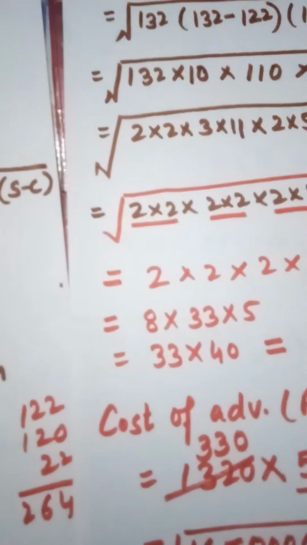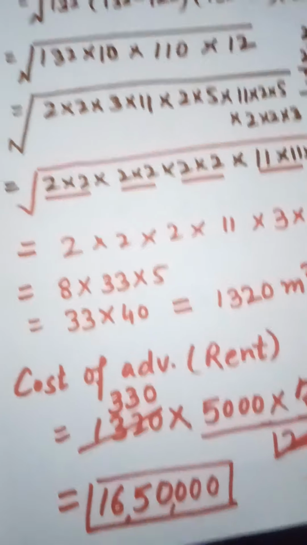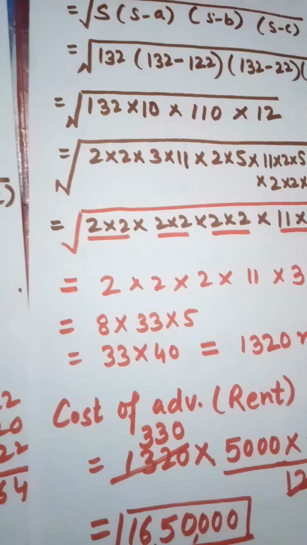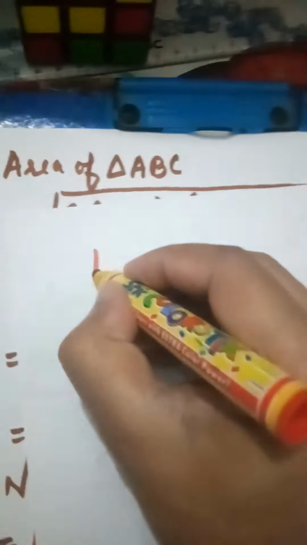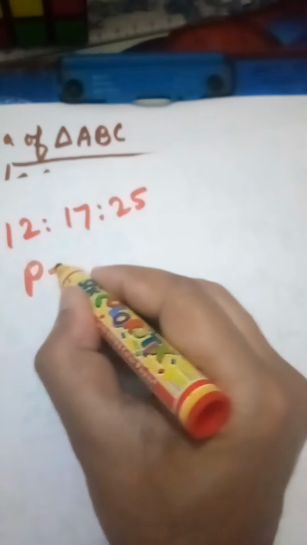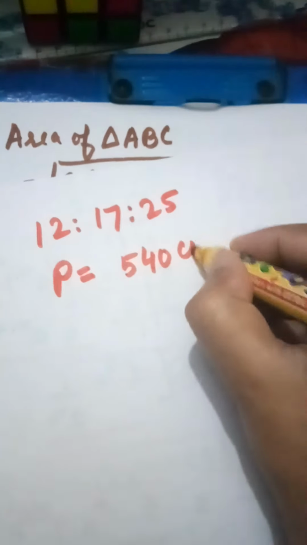After this, children, we are doing another question in which you are given the sides in the ratio 12 : 17 : 25, and you are given the perimeter of the triangle as equal to 540 centimeter.